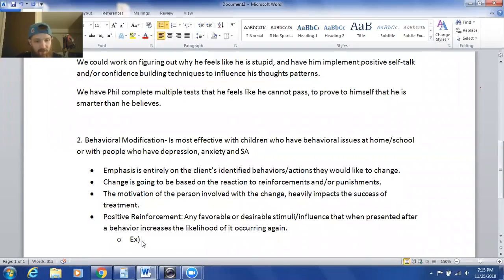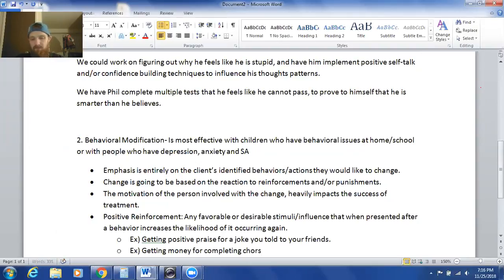Yes, so an example of positive is getting positive praise for a joke you told to your friends. And another one, getting money for completing chores.